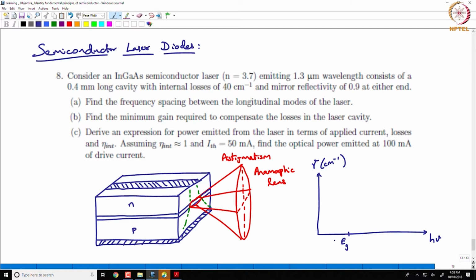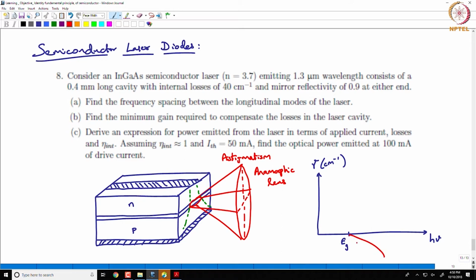Initially, if you are not injecting any current into this structure and you are sending light in, it will act like an absorbing medium, because you have all your electrons in the valence band and no electrons in the conduction band. When you have light with energy greater than Eg, you are going to have absorption.